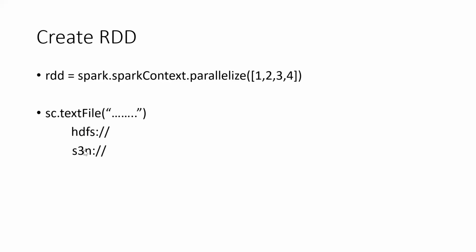Suppose we are working in EMR clusters, it has an S3 bucket in the same AWS account, so EMR is taking data from the S3 data lake. So we can put the file structure over here.